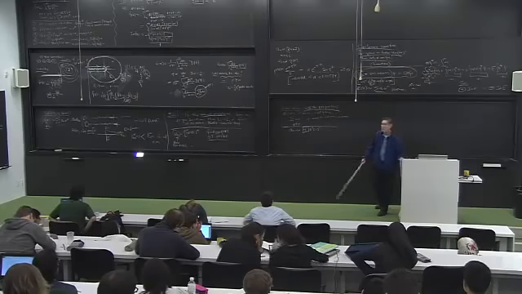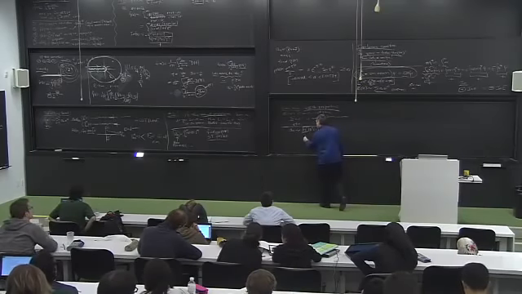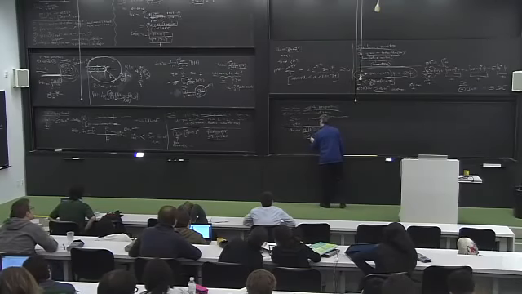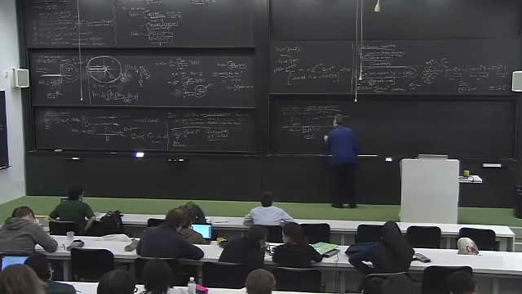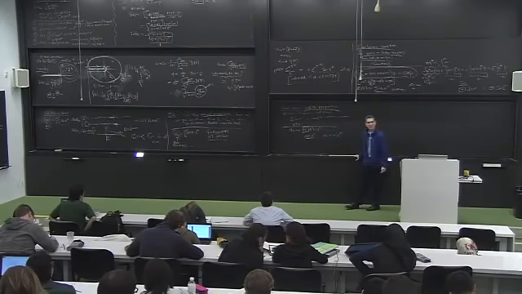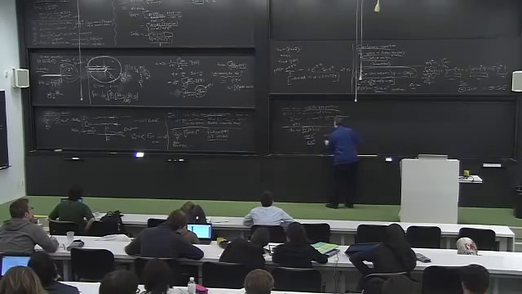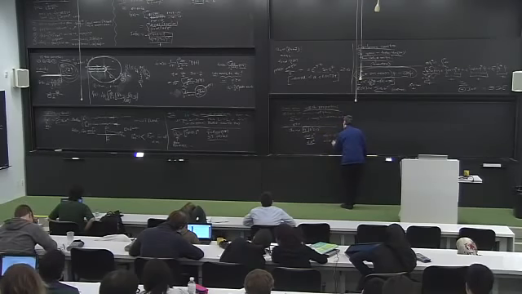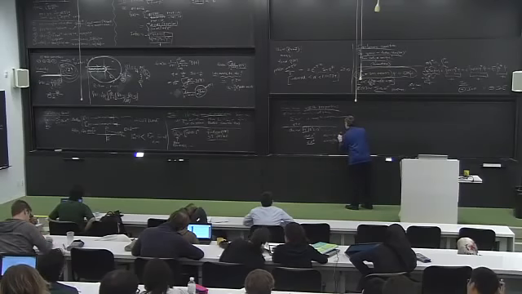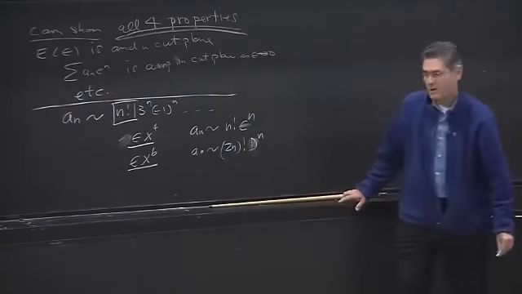Okay? So what's an example? For epsilon x to the 4 theory, a sub n grows roughly like n factorial times a constant to the n. For epsilon x to the 6th, a sub n grows like 2n factorial times some constant to the n.